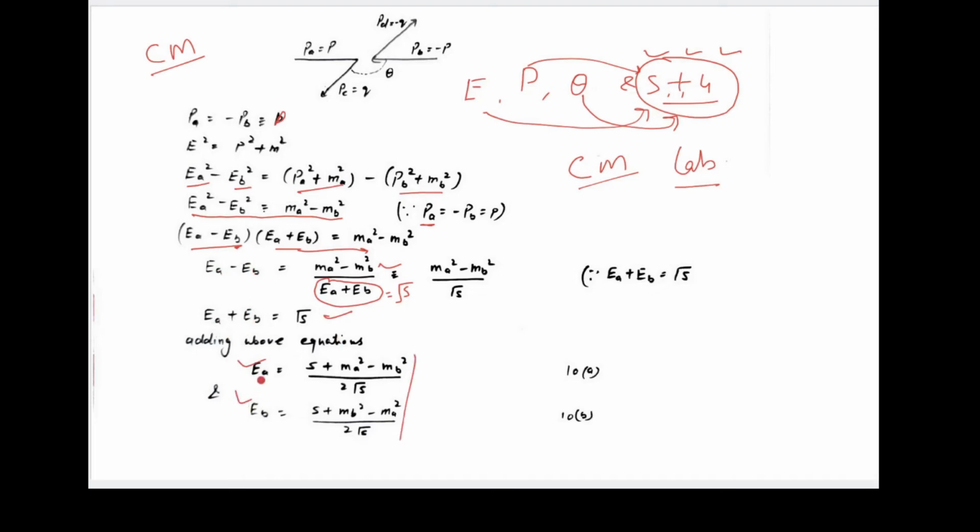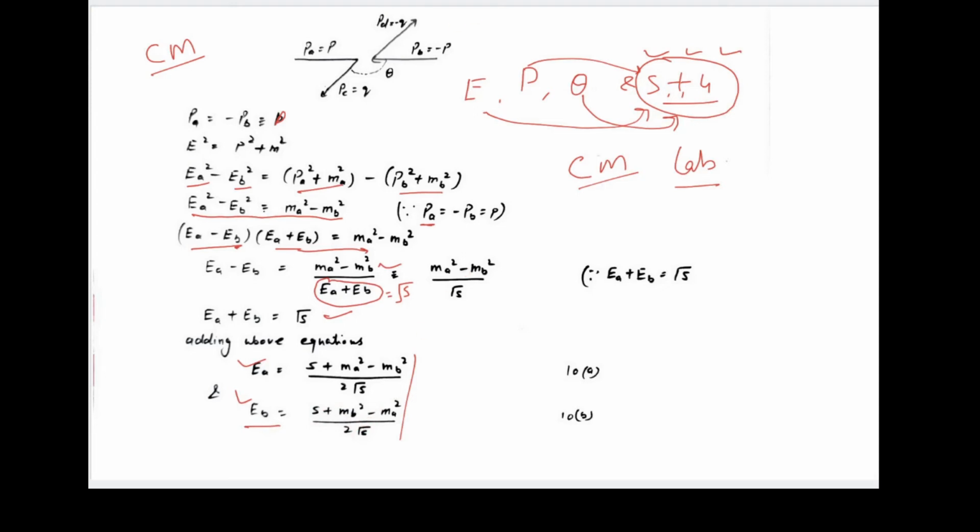Hence we have written energy in terms of S, where M is the rest mass of the A particle and this is the rest mass of the B particle. So now we are able to express energy in terms of an invariant parameter. Similarly, EB in terms of S and the rest masses of B and A.